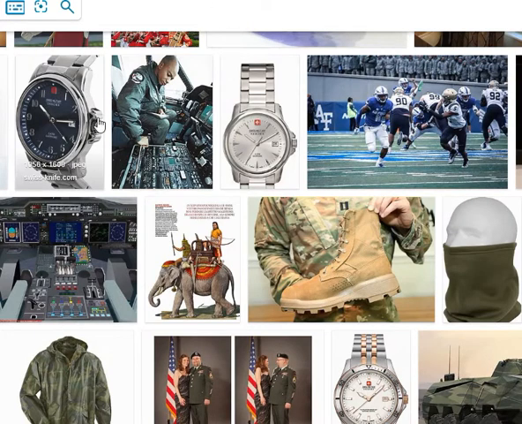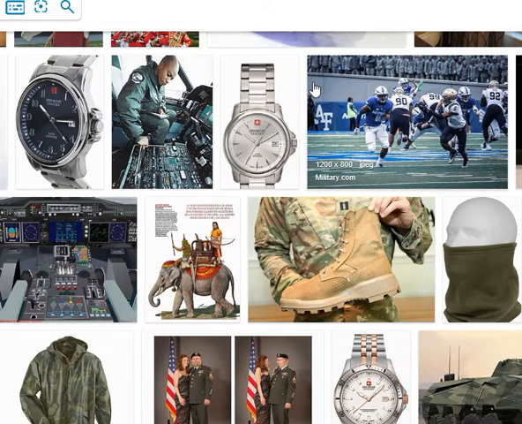For example, here we have the soldier. The soldier is someone who is disciplined because he has to wake up very early in the morning. The sport athletes, in this case, American soccer players, have to do a lot of exercise to be in shape or have a good condition. So they have discipline too.